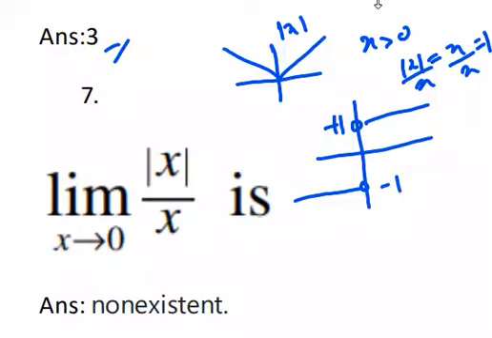And when x is negative, modulus of x is negative x, so modulus of x divided by x would be -1. So it is very clear that the right hand side limit of this function is +1, the left hand side limit is -1. They are not equal, therefore the limit does not exist.